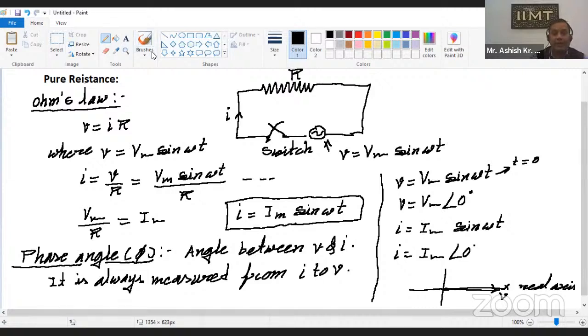And current, I am taking for current red, it is I, and its magnitude is lesser than voltage, because we get the value of current by dividing voltage by resistance. As seen in the phasor diagram, voltage and current are in the same phase. There is no phase difference between V and I. They are superimposed on each other. So the phase angle between voltage and current is 0 degree.